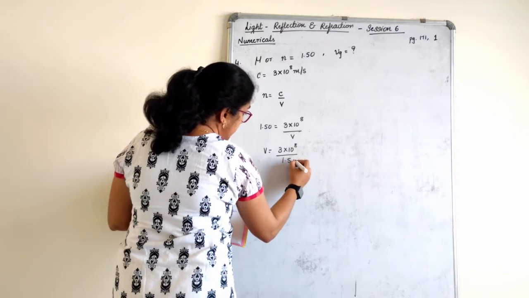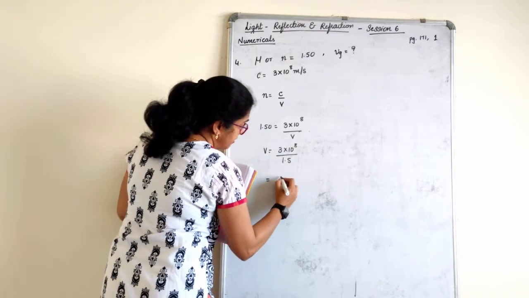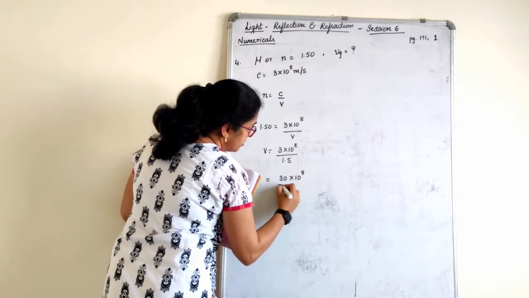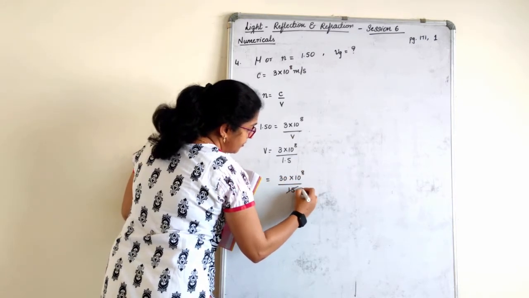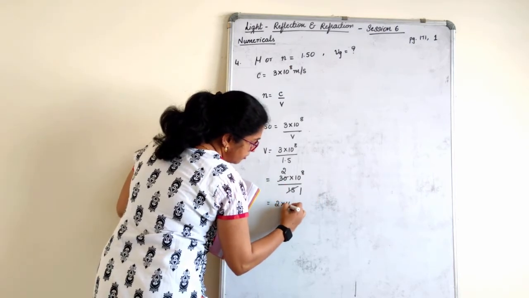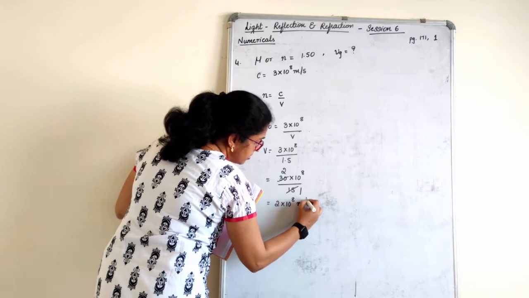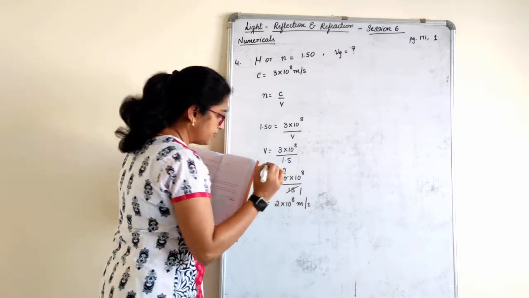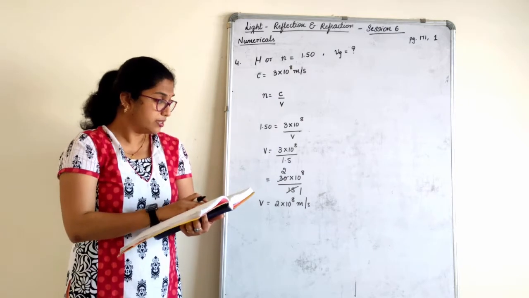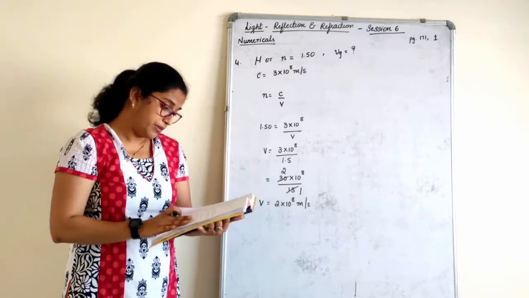You can write this as 30 into 10 raised to 8 divided by 15. 15 ones are 15, 15 twos are 30. So 2 into 10 raised to 8 meters per second. Numericals are quite simple in this part. Right? So we finished the fourth one.